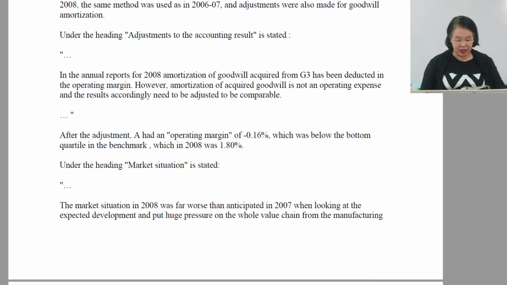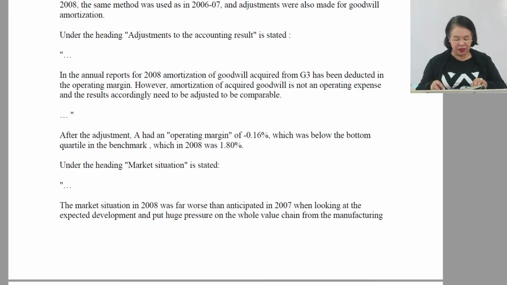So ibig sabihin na negative na yung kanyang operating margin, imagine ha, negative na, samantalang yung acceptable na benchmark is 1.8 to 5.27, no? So, hindi na arm's length. Yun na yung magiging conclusion mo doon. Hindi na arm's length yung report ng transfer pricing documentation.